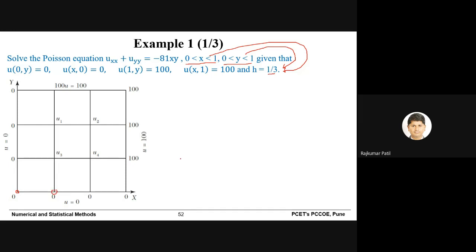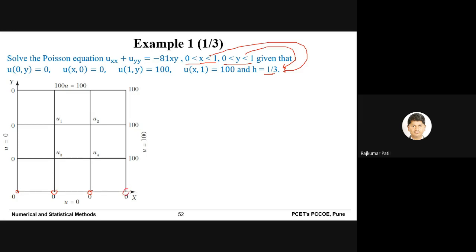Then x2 will be equal to x1 plus h, so it will be 2 by 3. So the next point, and the last point, will be 3 by 3, which means the answer is 1.